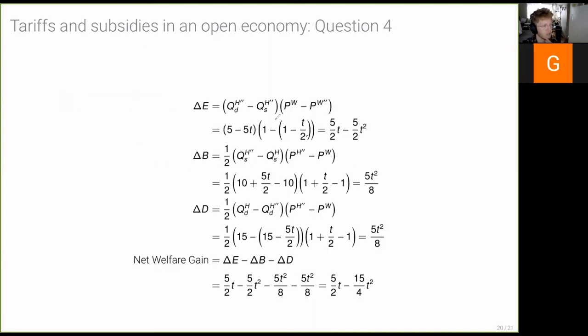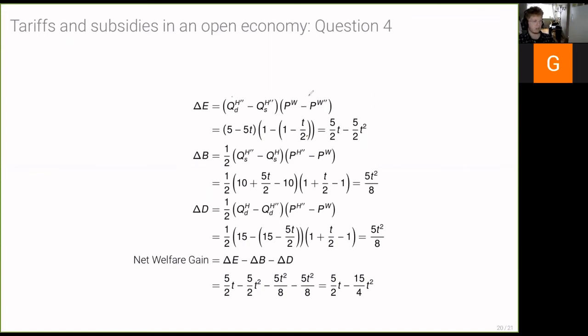As we can see, for the quantities we're just going to plug in the difference between quantities demanded and supplied at home initially and afterwards. We can go back to the graph and you can walk through this.